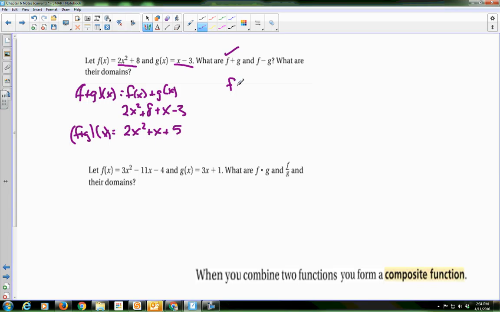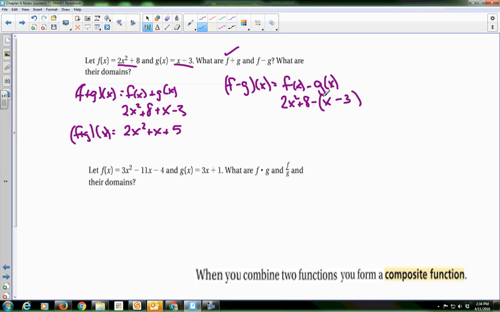f minus g of x is f of x minus g of x. So f of x is 2x squared plus 8, and because I have a minus, I'm going to put all of g of x in parentheses: x minus 3.